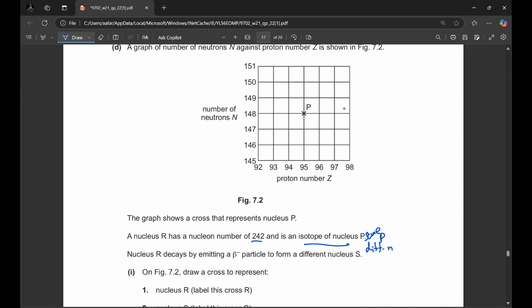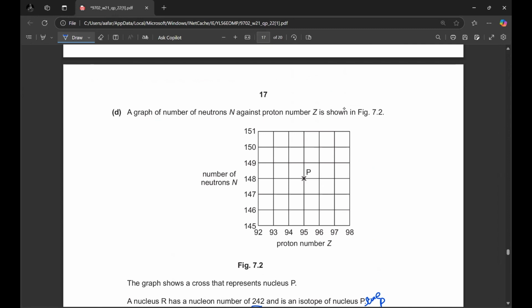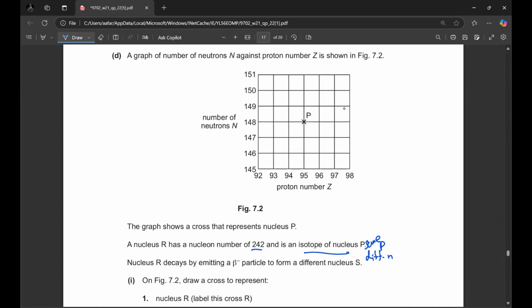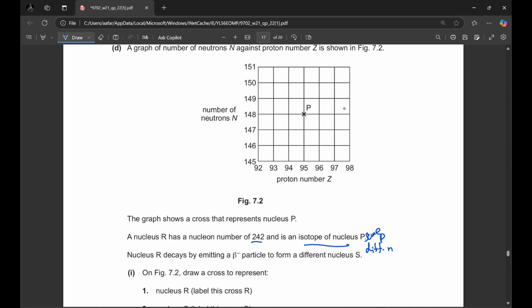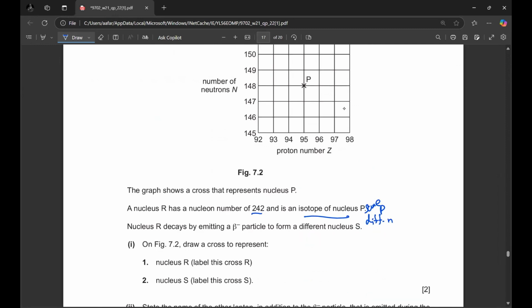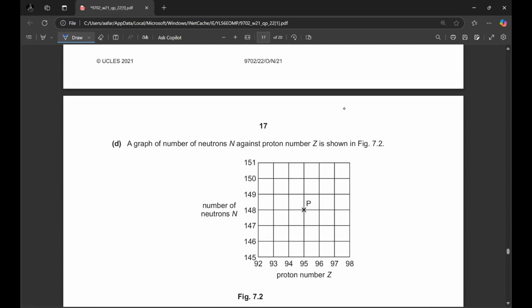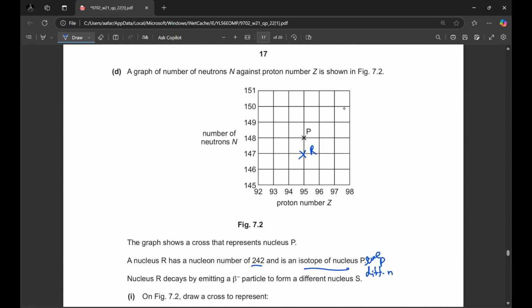Nucleus R decays by emitting an electron, beta negative, to form a different nucleus S, as in figure 7.2. Draw a cross to represent the nucleus R and the nucleus S. Basically, R has 95 protons, but it has one less neutron, so that's what R is going to be.